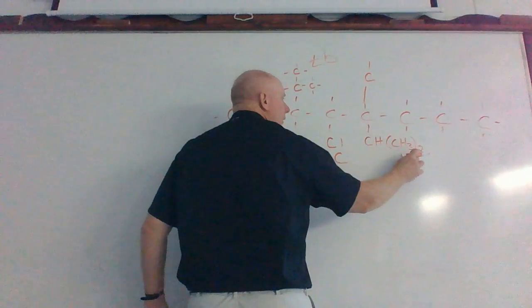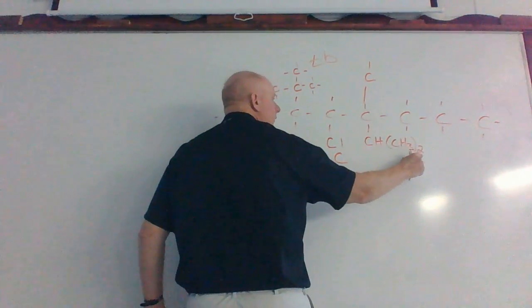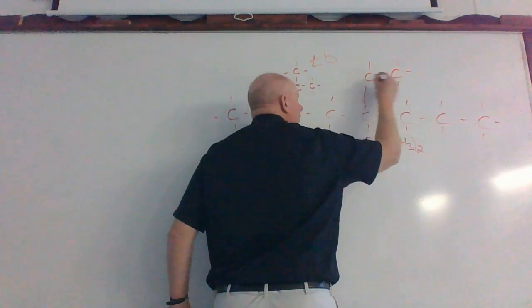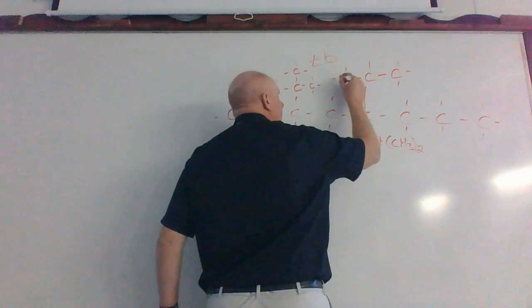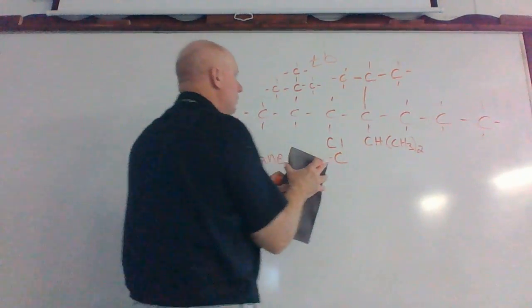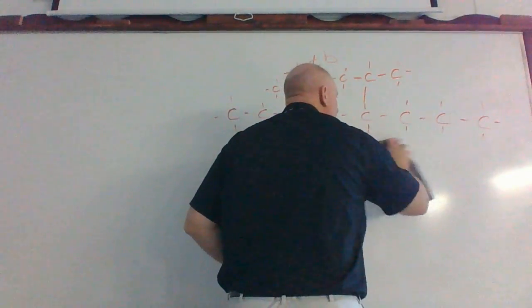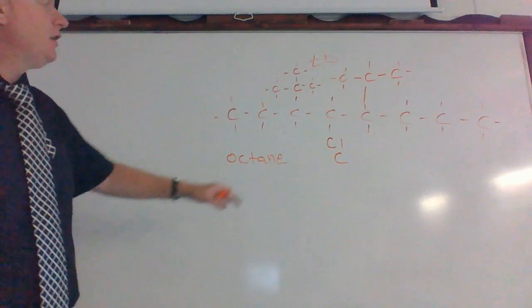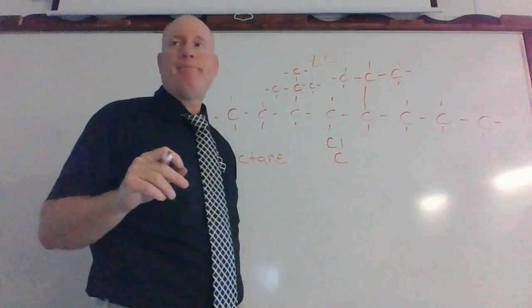So how many methyl groups do we have? Okay, so we'll put one there and then one here. Okay, then we have to take him off because we put the structural one up on top. And this is what type of derivative then?